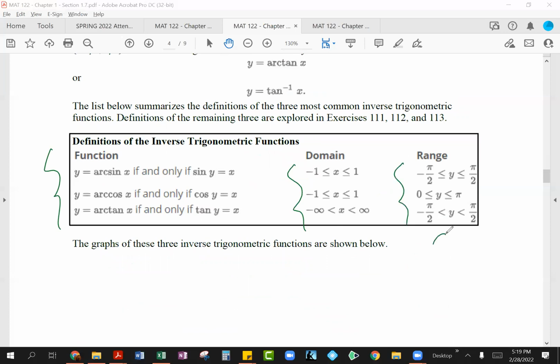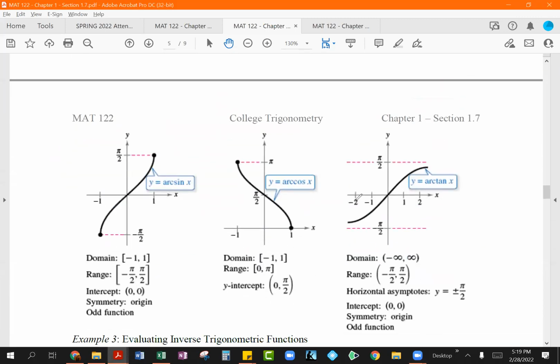Because the tangent function, if you remember, has those vertical asymptotes, that's why the domain for the arc tangent is going to be -infinity to +infinity, whereas for the arc sine and arc cosine, because they're oscillating curves, this is going to be between -1 and +1. So do that comparison between your tangent, cosine, and sine functions, and you will see how these inverse functions come out to be.